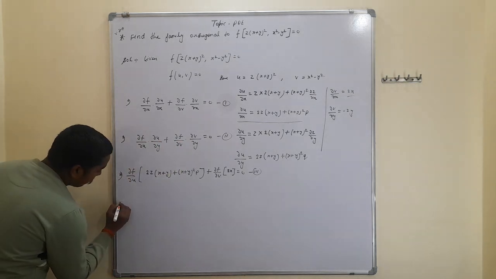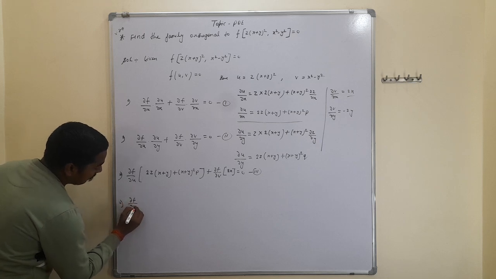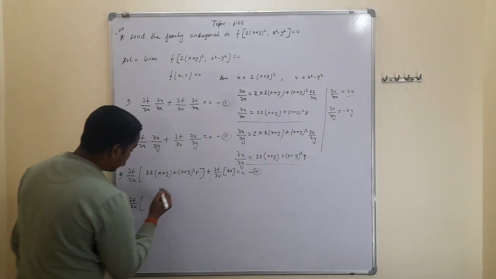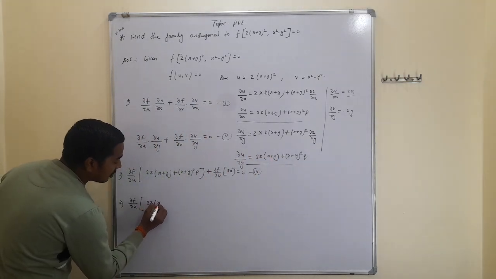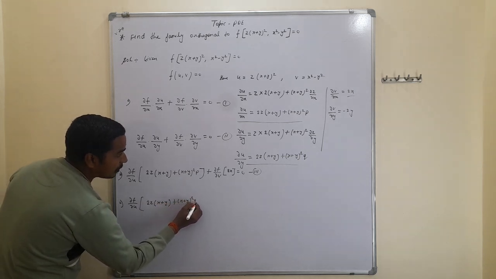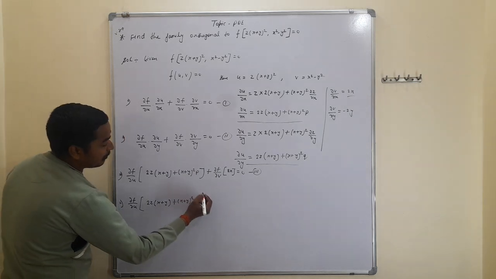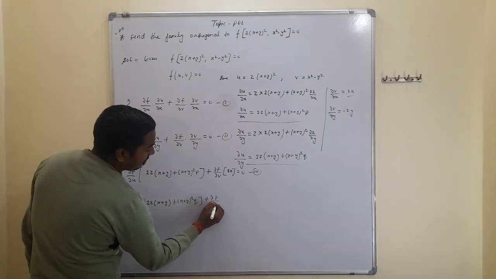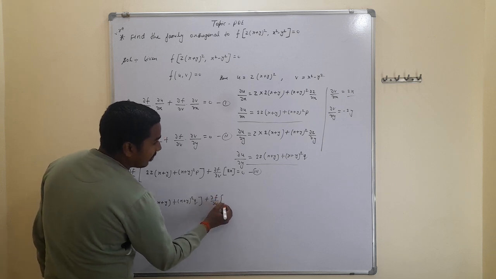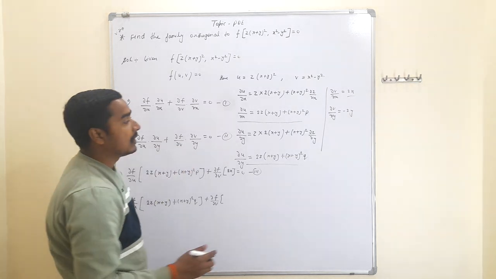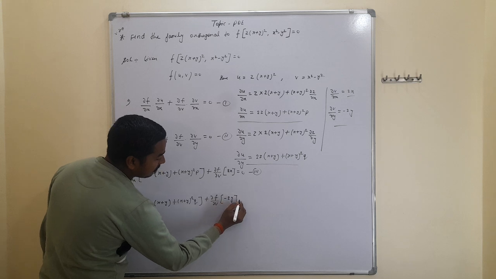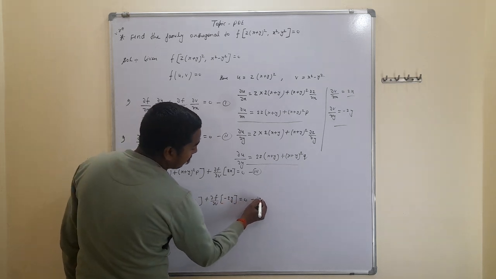So we write here del f upon del u, and we put the value of del u upon del y, which is given by 2z into (x plus y) plus (x plus y) whole square into q, and here plus del f upon del v, and the value of del v upon del y is given by minus 2y. So we write here minus 2y is equal to 0. This is equation 4th.